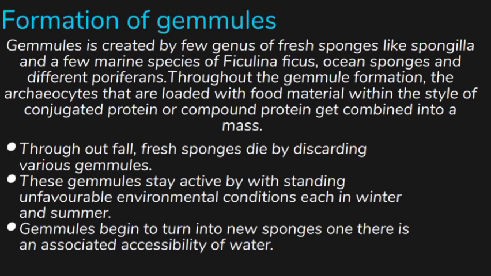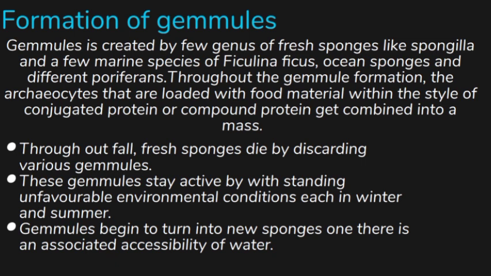Next, we are discussing the topic formation of gemmules. These gemmules can be seen in sponges like Spongilla, a few marine species such as Ficulina ficus, ocean sponges, and different poriferans. In gemmule formation, the archaeocytes that are loaded with food material, or we can say conjugated protein, get combined into a mass.